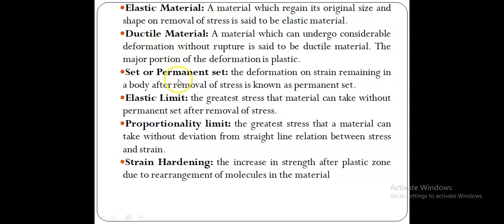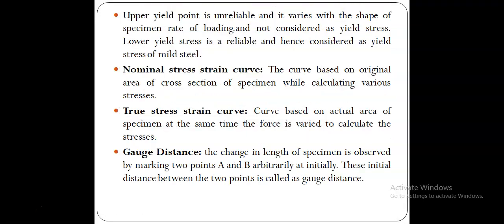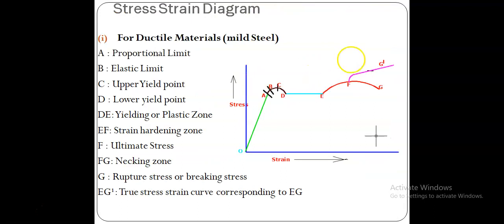Then ductile material. A material which can undergo considerable deformation without rupture is said to be a ductile material. The major portion of the deformation is plastic. Suppose let us take this diagram. You see that it is a typical stress strain curve of a ductile material, because it has a wide range of the stress strain curve beyond the elastic limit.